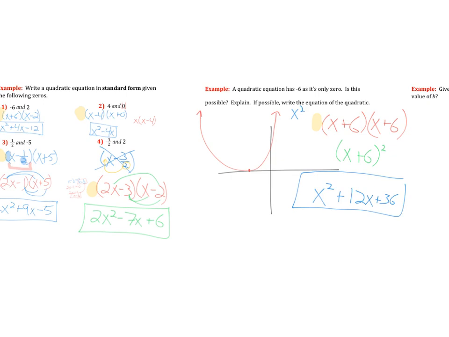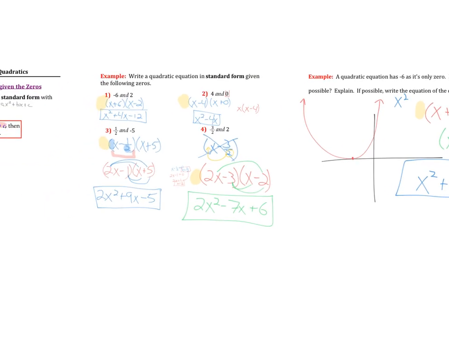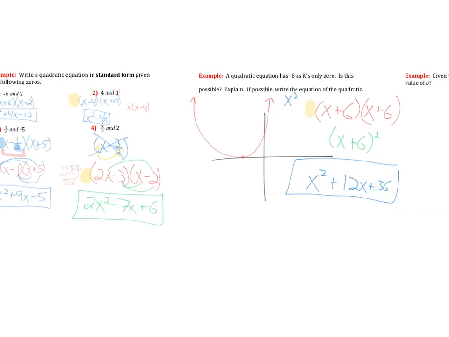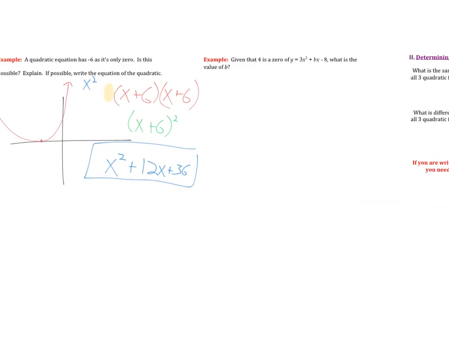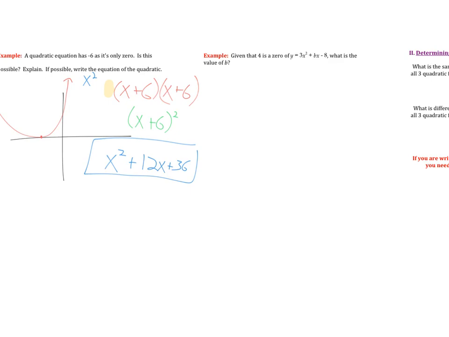If I were to throw a coefficient in front of this entire factored thing and distribute that in at the end, so maybe I multiply this entire equation by, say, -1 or -17, that's not going to change the x-intercepts. So when we're doing these, primarily focus just on the factors. If you want to throw an a value other than 1, I'm not going to stop you, but by no means do you have to. Onward we go.